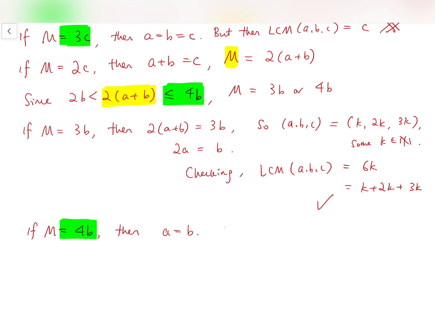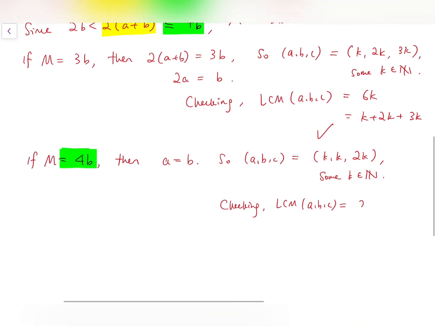Again, I can parameterize: k, k, and 2k. Checking. The LCM is actually just 2k, but it's not equal to their sum. The sum is 4k instead. So this solution is not valid.